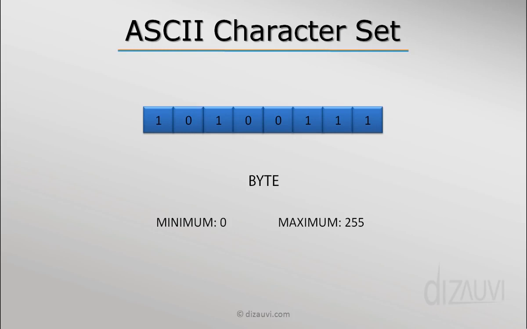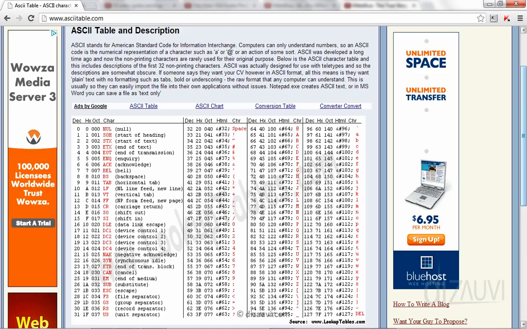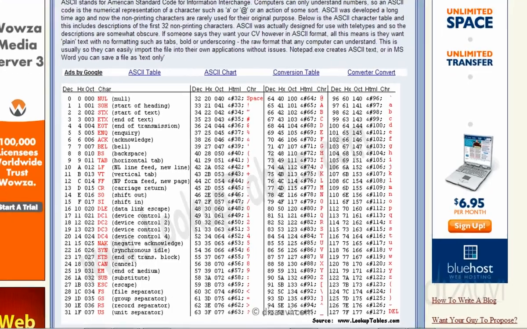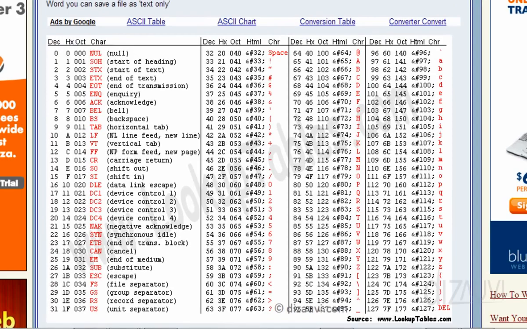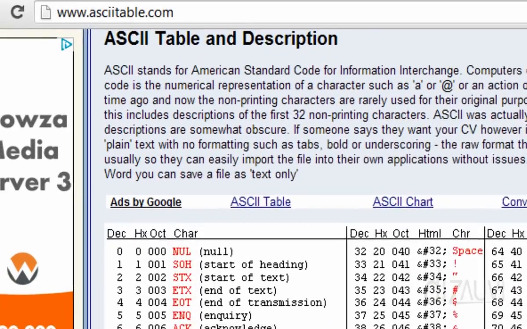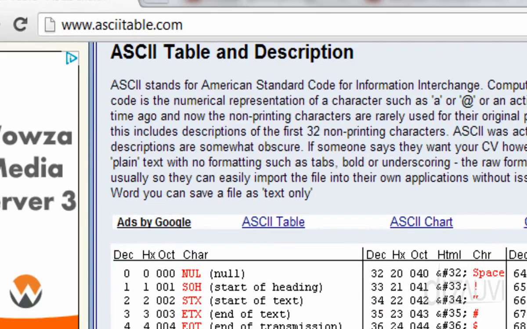So let's see the ASCII character set or character encoding. Now, one of the earliest attempts, excluding the very primitive ones, was the ASCII standard, in which 128 characters were identified and mapped to unsigned integers. And you can go to asciitable.com to find this ASCII character mapping.